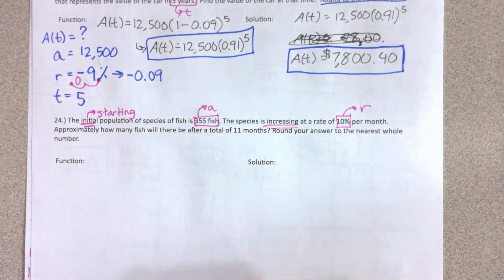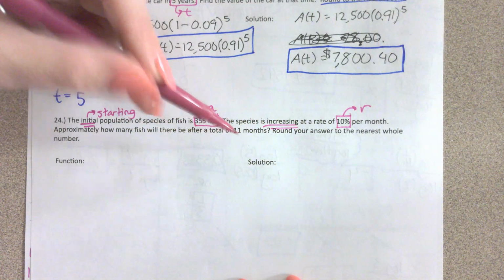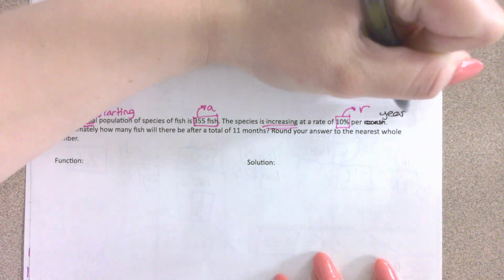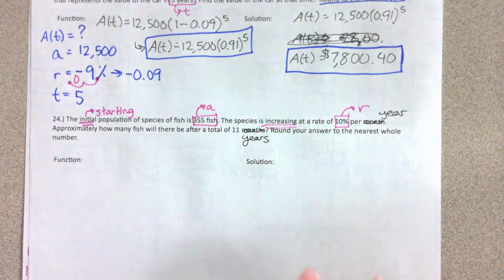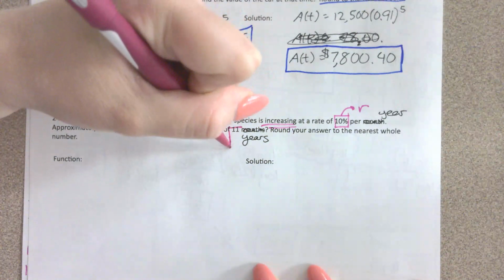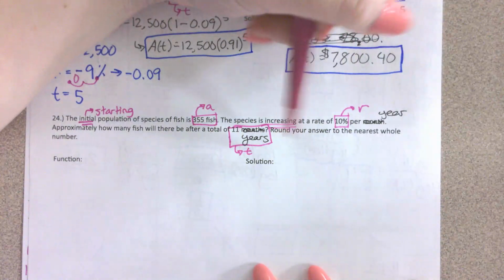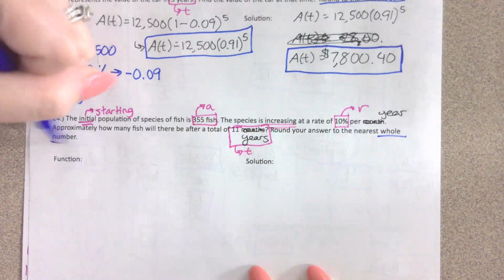So that's our R. Approximately how many fish will be there after a total of 11 months? And I forgot to change these to years, so let me do that real quick. Per year and after 11 years. So that is going to be my T. Round your answer to the nearest whole number. We are talking about fish here, so that makes sense.